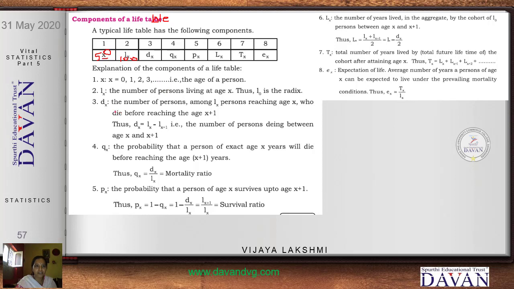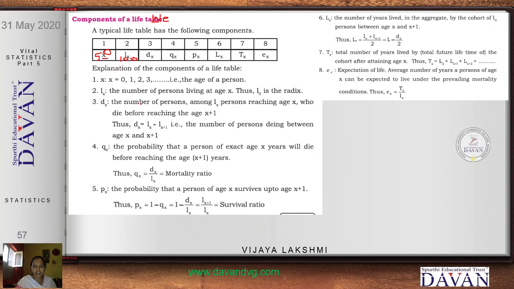Next, we have the third component, that is dx. The number of persons among lx persons reaching age x who die before reaching the age x plus 1. Now in my example I have taken 50 as the age.